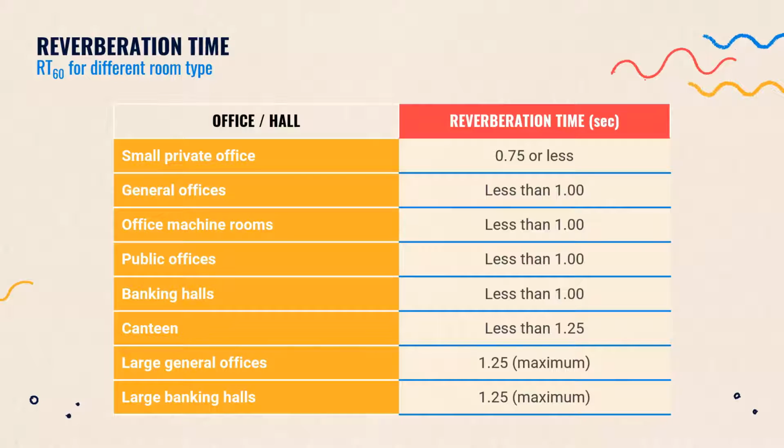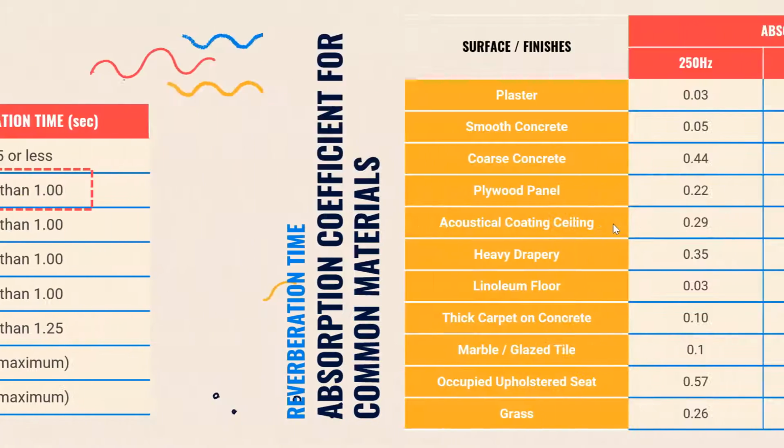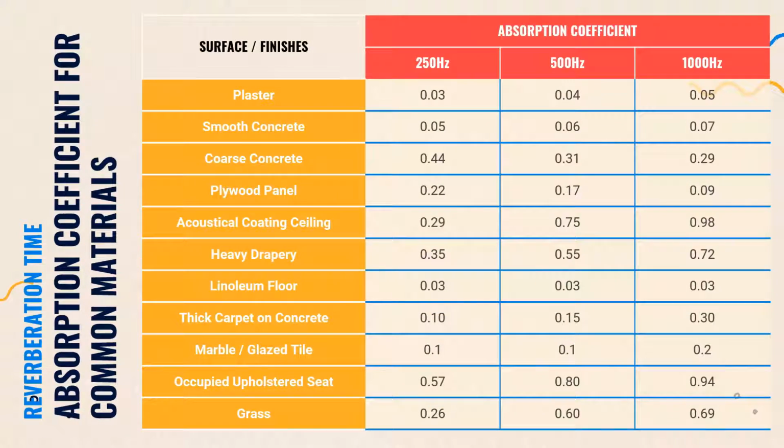Now, based on this information, how to improve reverberation time? So office should be less than 1. So we can improve by referring back to this chart and choosing materials with higher absorption coefficient. Maybe we can add acoustical ceiling, or add drapery, okay?